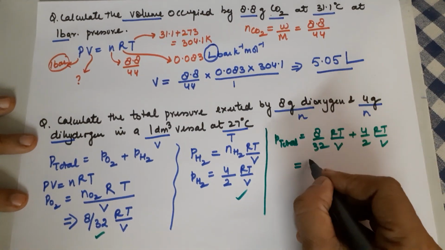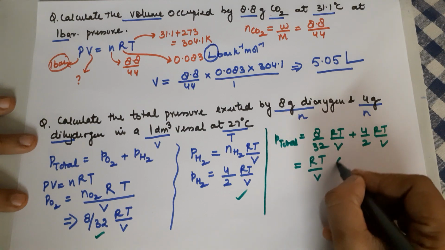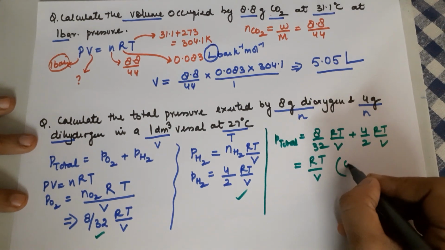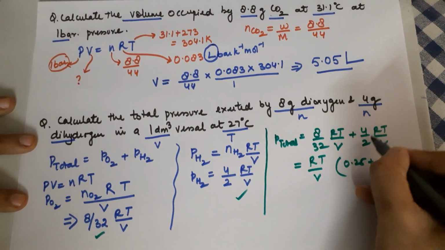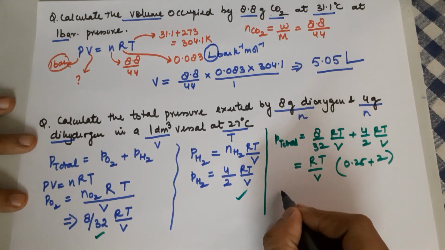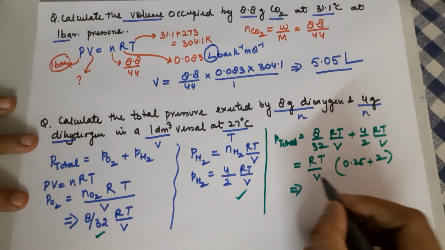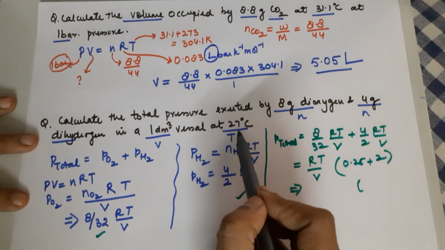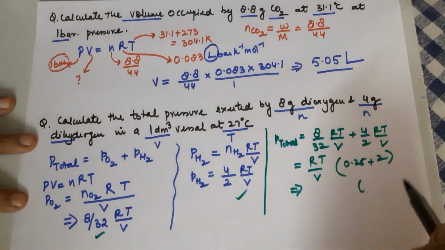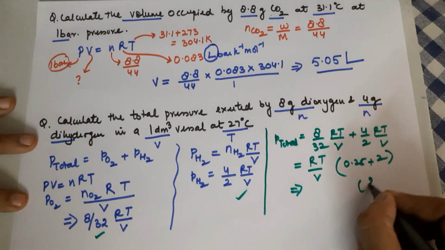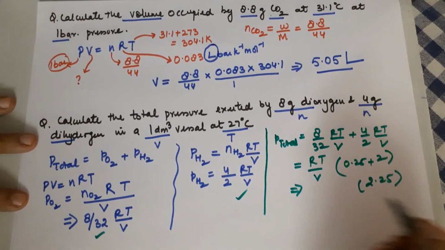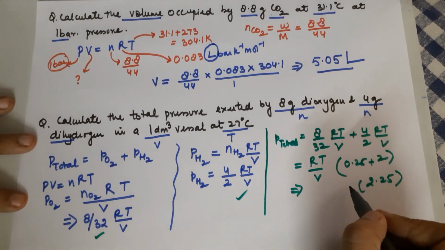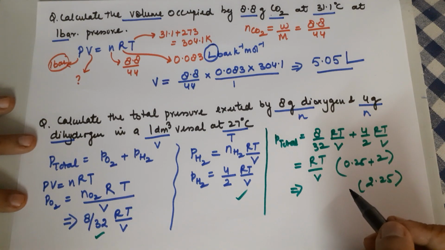Hence, I would take RT by V common, and 8 by 32 comes out to be 0.25, 4 by 2 is 2. So this value, that is your pressure, you will have to substitute R, T and V. This is your temperature, this is your volume, and R value you know.